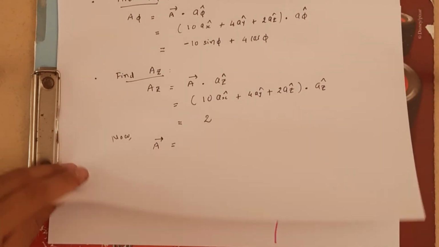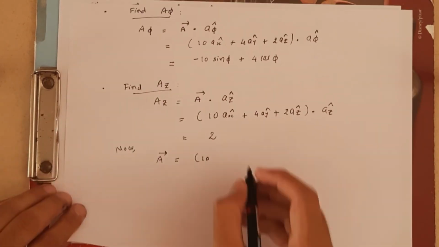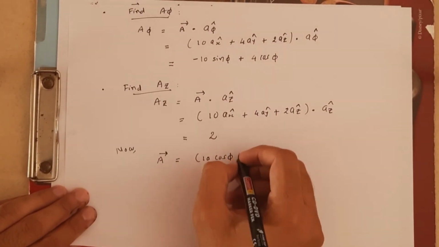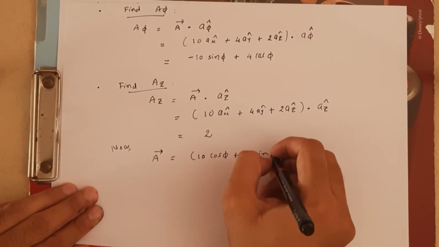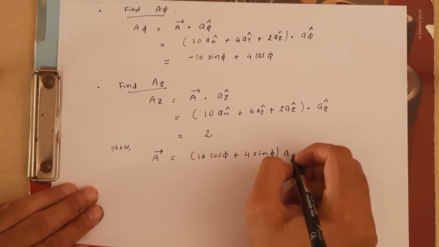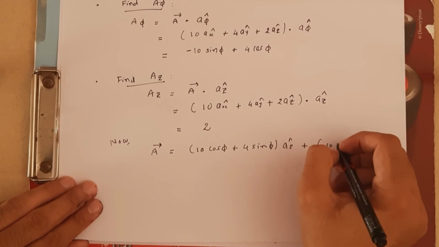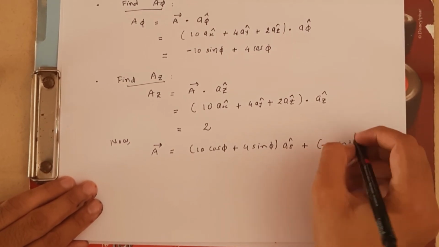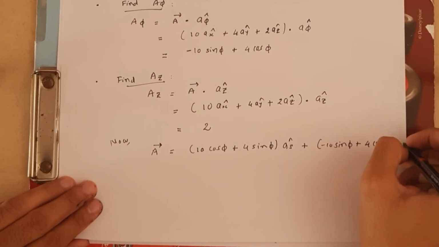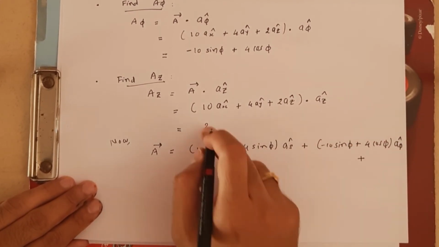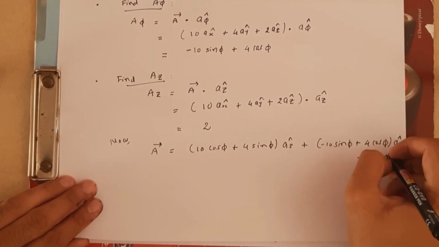So the answer is A vector equals (10 cos φ + 4 sin φ) aρ plus (−10 sin φ + 4 cos φ) aφ plus 2 az.